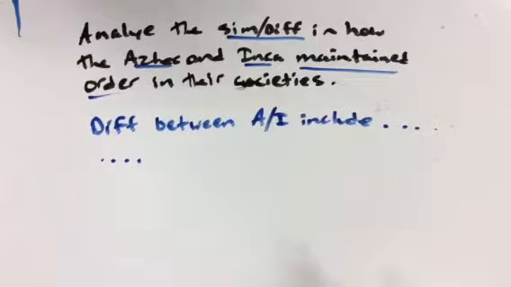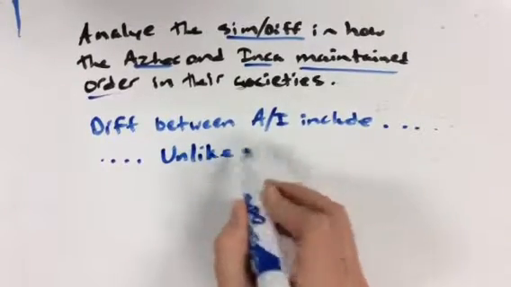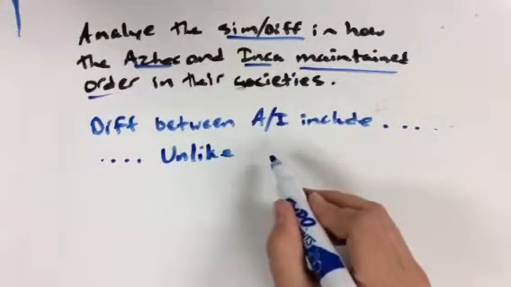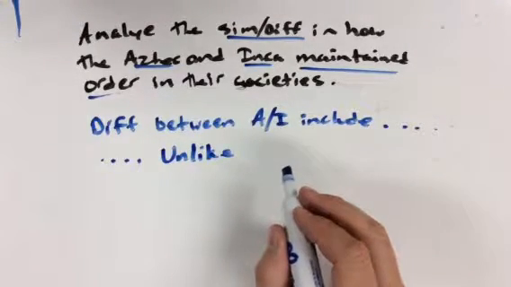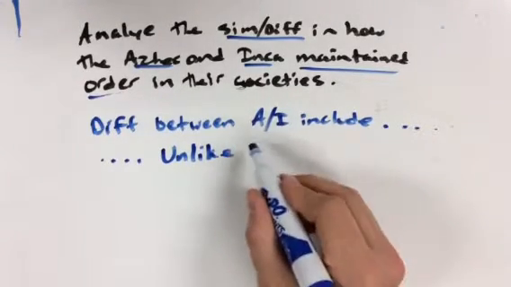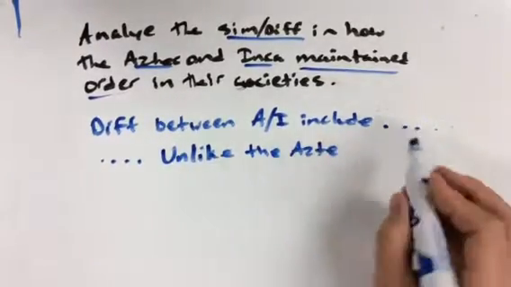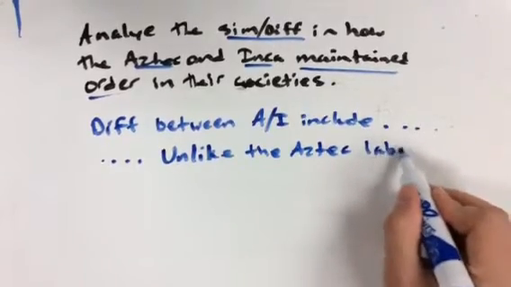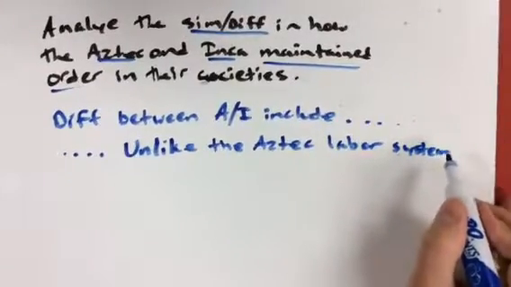So for the direct comparison for this one, for the difference, you're going to want to start a little bit differently. You want to say, unlike the Aztec labor system, move that over.